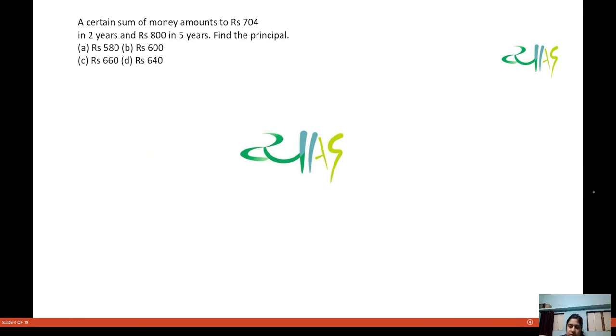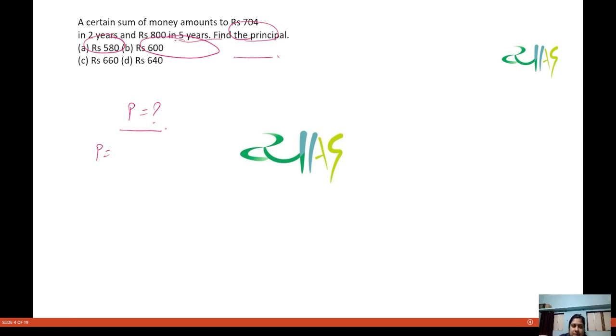Look at this question. What is this question saying? A certain sum of money amounts to rupees 704 in 2 years and 800 in 5 years. Find the principal. So it is asking you the principal. And what is it giving?